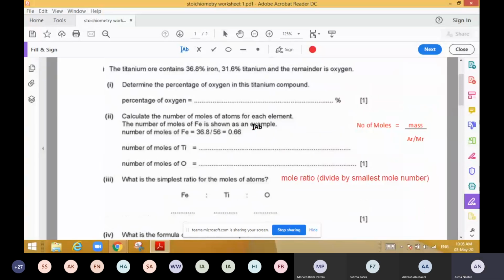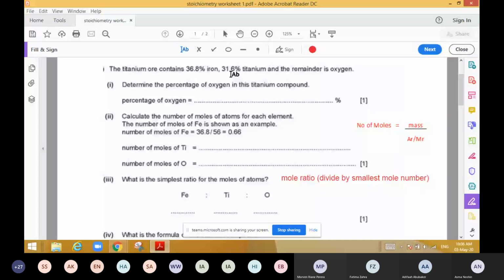So we will move on with the first question. Okay. We have titanium ore. In that, the percentage of iron is 36.8%, and 31.6% we have titanium.